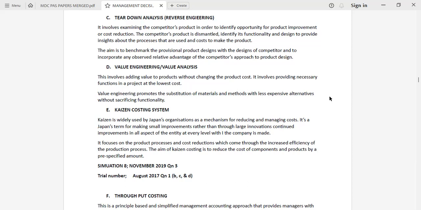So teardown analysis normally involves cost reduction, because when we reduce the cost, it means even the price will go lower.